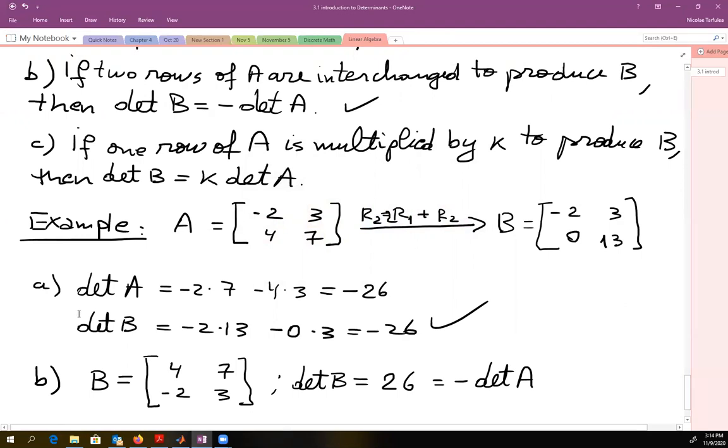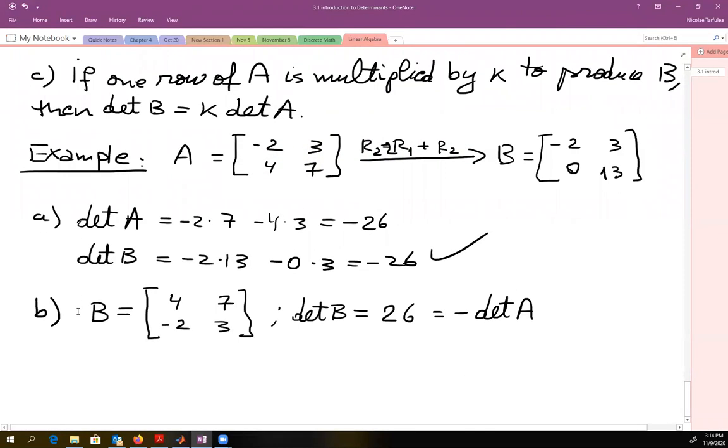And now let's multiply one of the rows of A for part C. Let's say we multiply the second row by 3, and we produce this matrix B. So this is negative 2, 3, and I multiply the second row of A by 3, so this is 12 and 21.